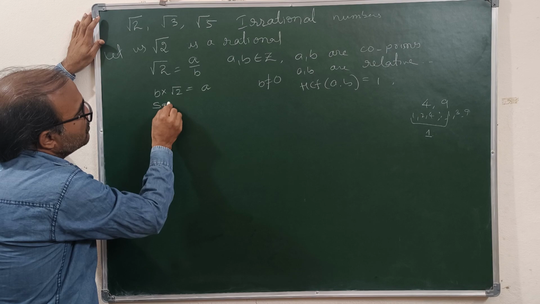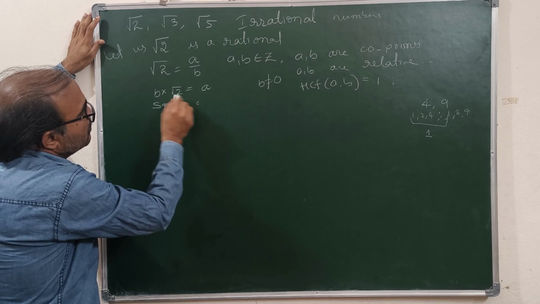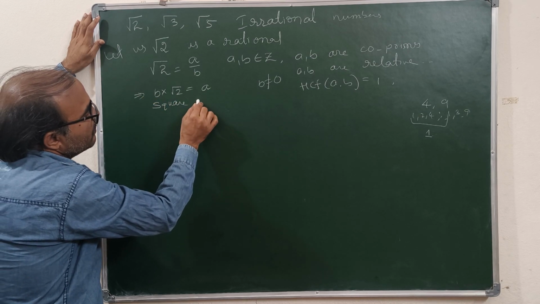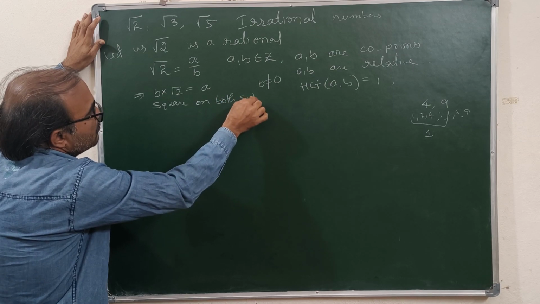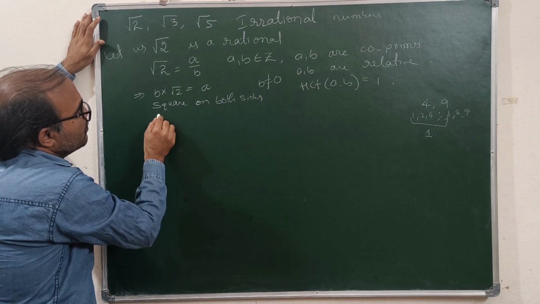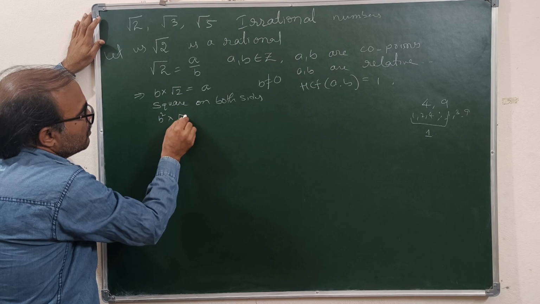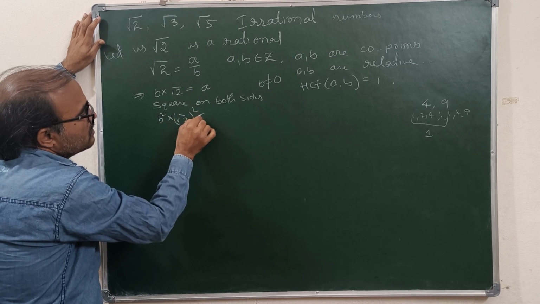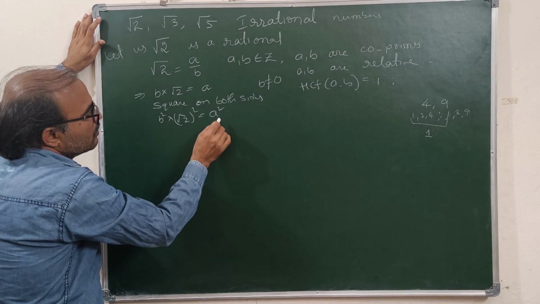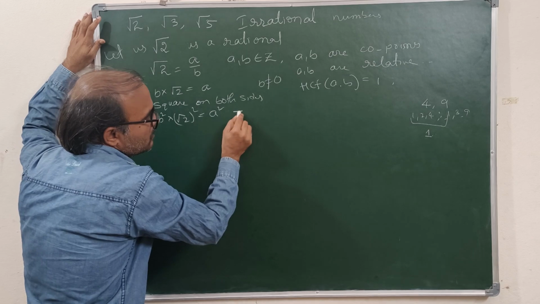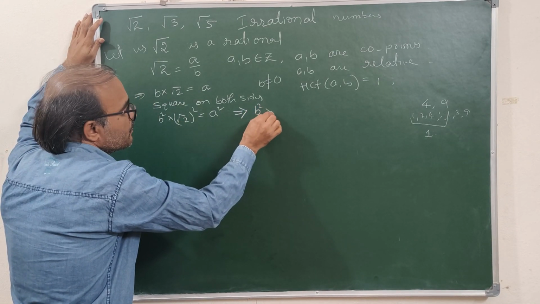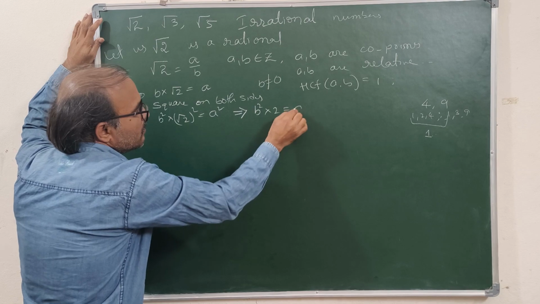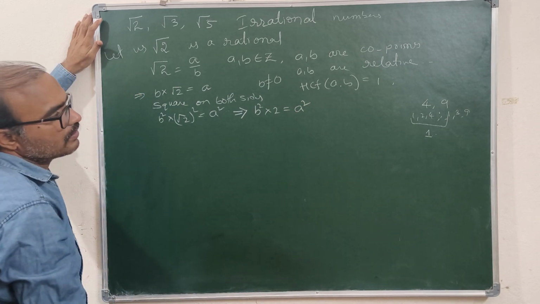Now square on both sides. This will become b square into root 2 square is equal to a square. As there is not much place, I am writing here itself. So b square into 2 is equal to a square, right?